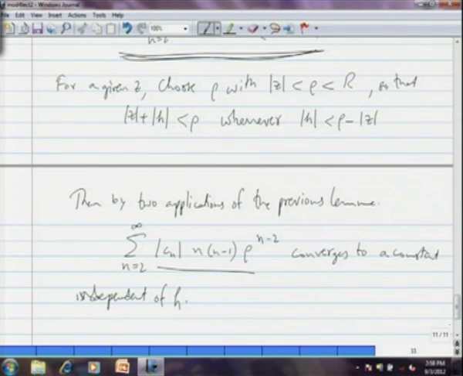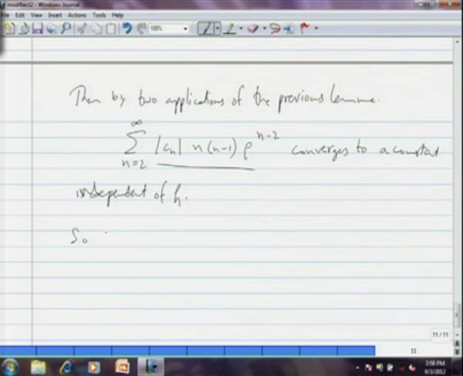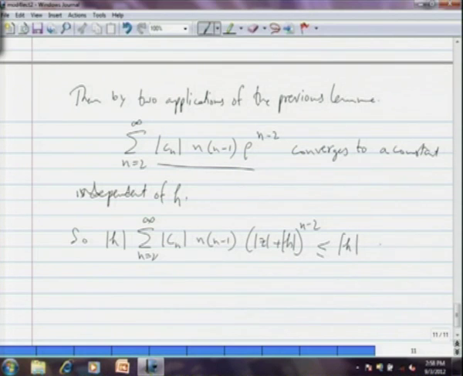Okay, so the above. Okay, so modulus of h times sigma n equals 2 through infinity of modulus of C n times n times (n minus 1) times modulus of z plus modulus of h power n minus 2, which is our estimate of what we want, is less than or equal to modulus of h times sigma n equals 2 through infinity modulus of C n, okay, n times (n minus 1) rho power n minus 2.